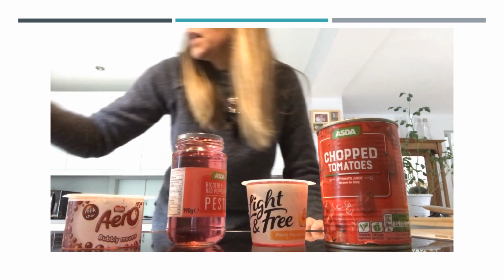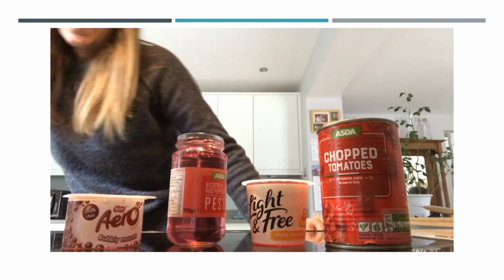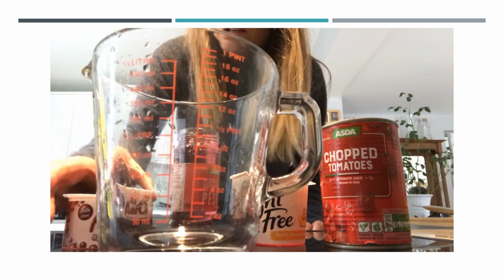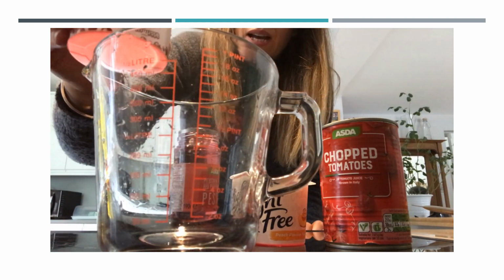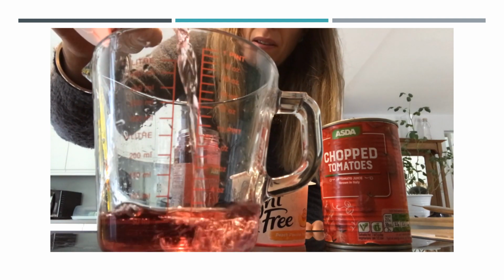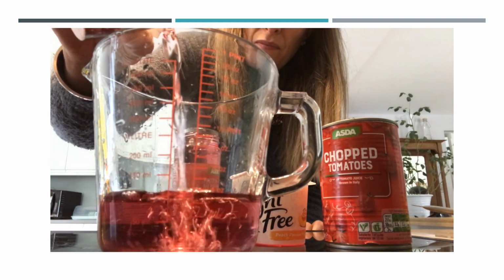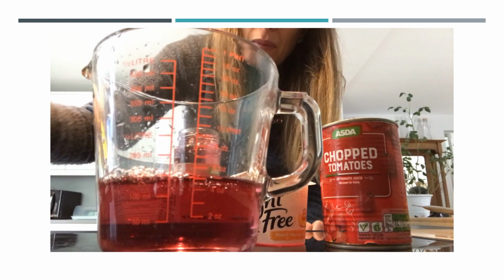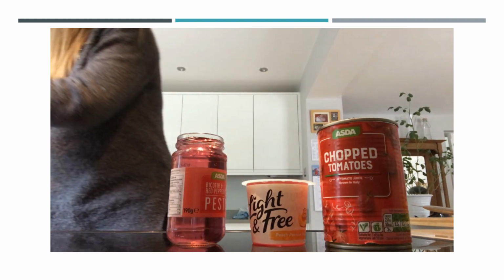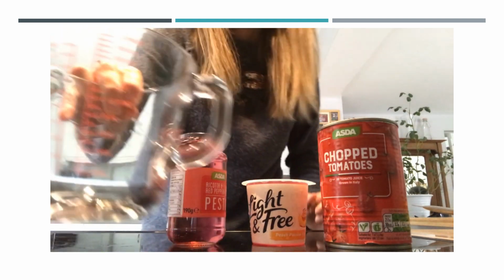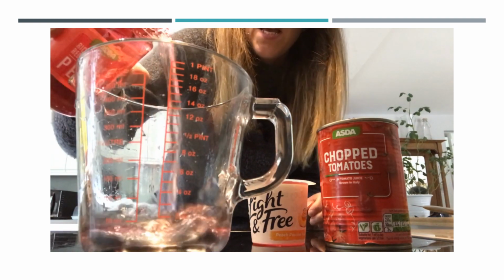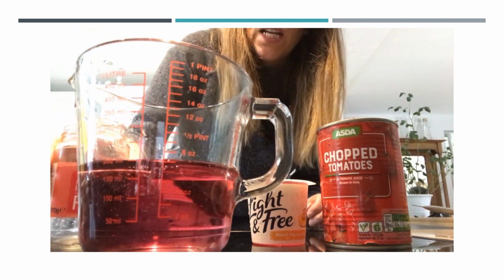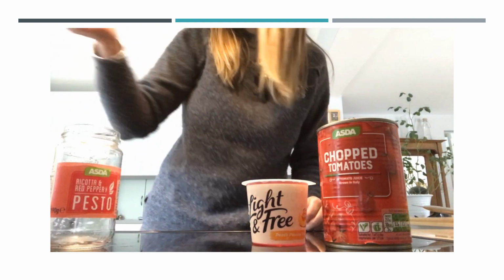There we go. Right, let's get the measuring jug out and have a check. So this one has about 150 millilitres. This one has 200 millilitres, so they're not the same.